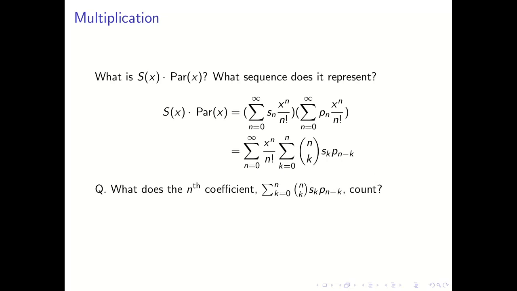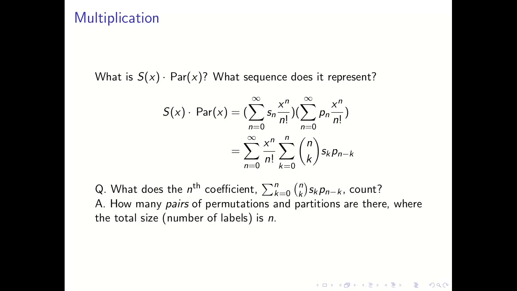And so what we can think of then is we take our n set, our set of n labels, and we split it into 2 groups, the k ones and then the n minus k ones, and then we form a permutation on the k that we picked and a partition on the other n minus k. And then we'll sum over them all.